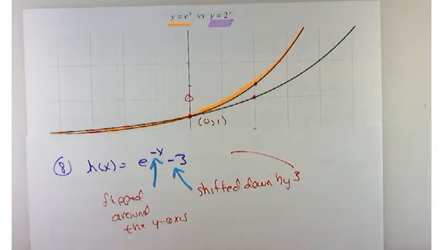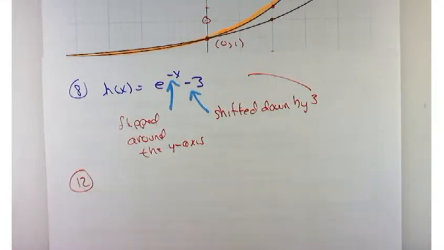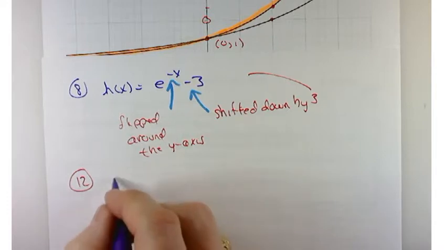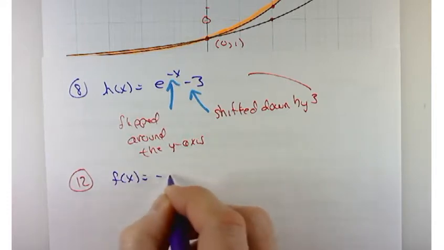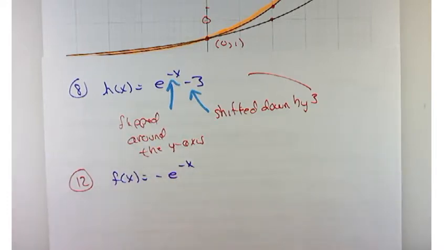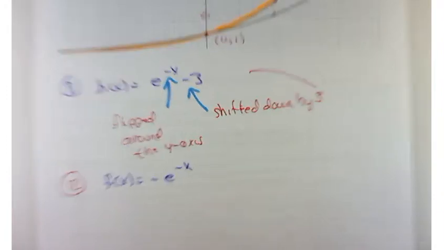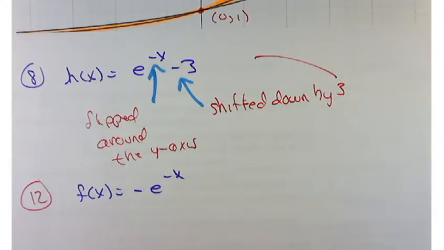Let's try a different one like that. Problem number 12. 12 is kind of interesting. f of x is negative e to the negative x. A couple things going on here.